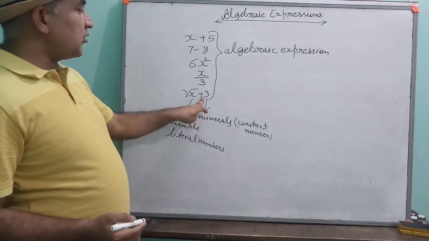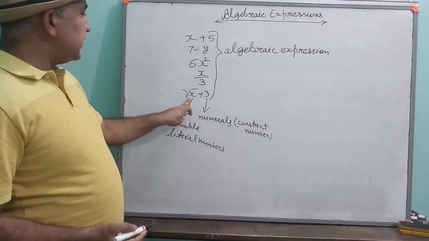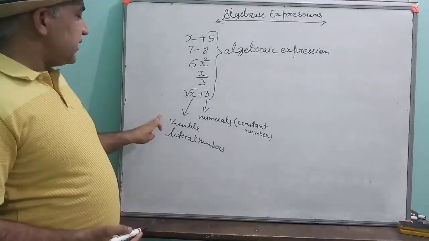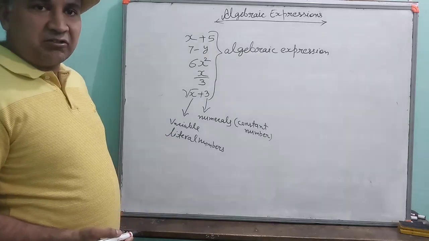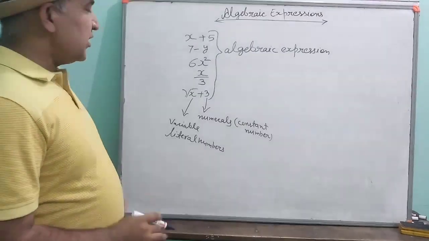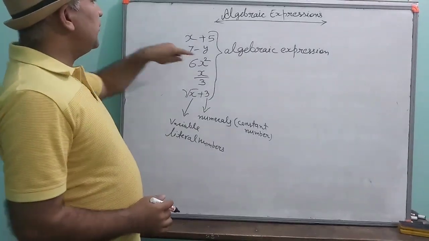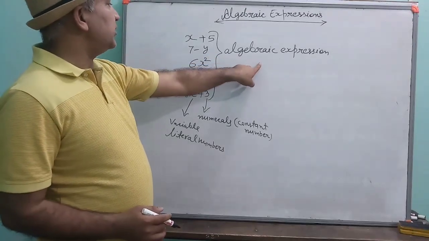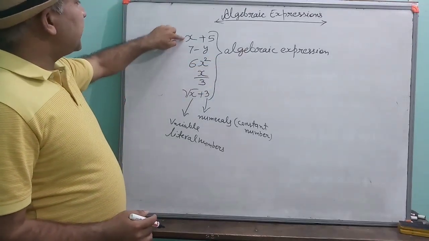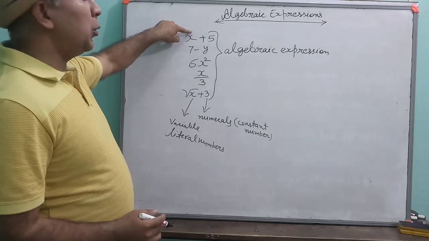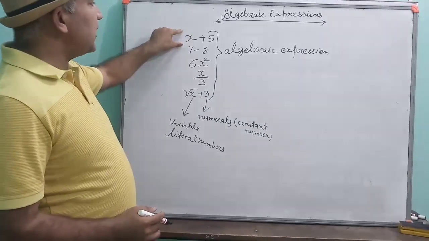These numerals are the constant numbers, but these x, this y, these are called variable or literal numbers. Is this clear?